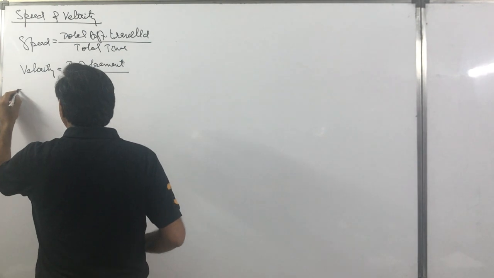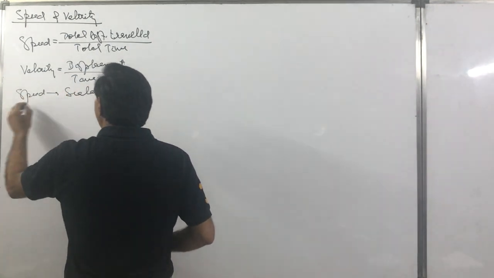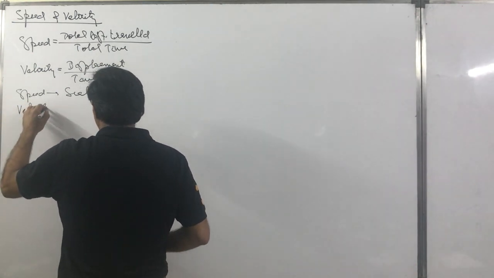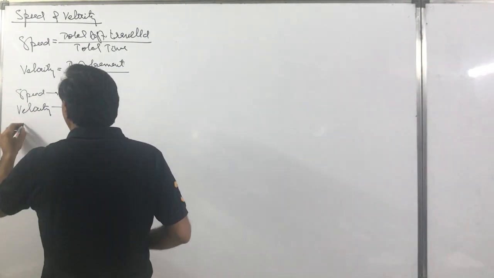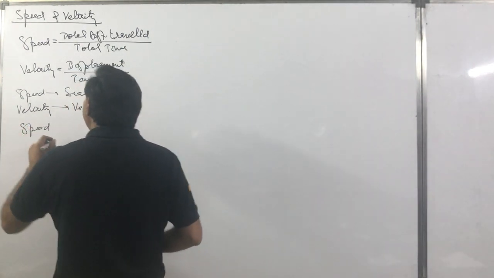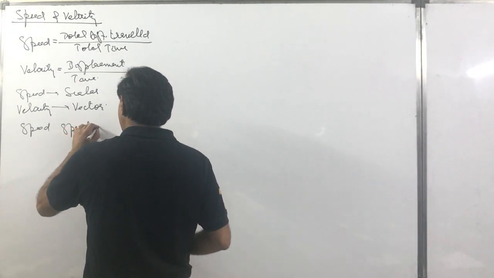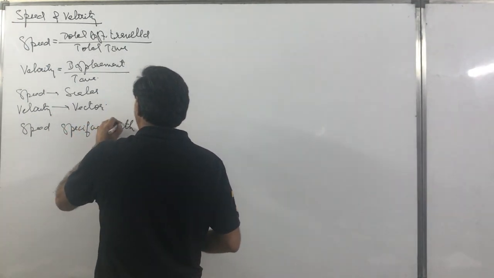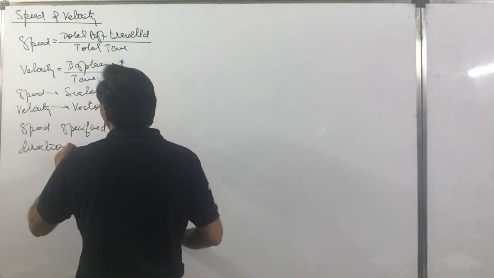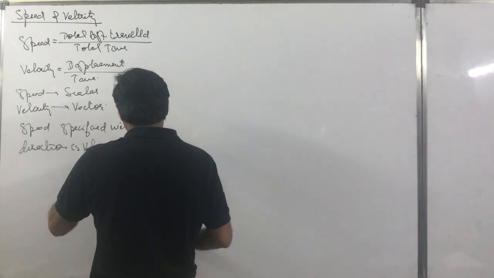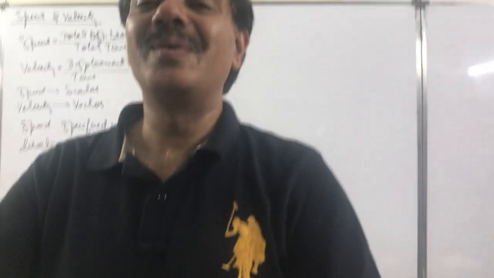Right? Speed is a scalar and velocity is a vector. Speed specified with direction is velocity.